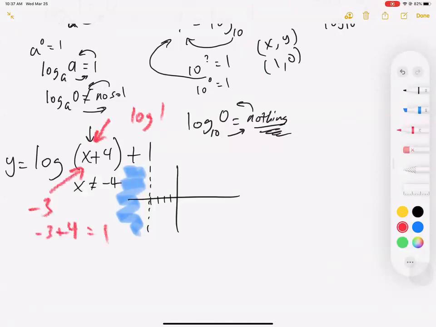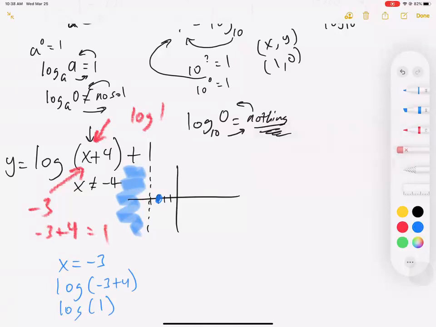We know the log of 1 is 0. So to state that out, if x was -3, we would have log of -3 plus 4, and log of -3 plus 4 is 0.